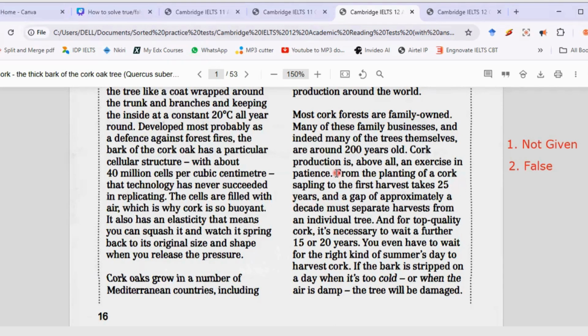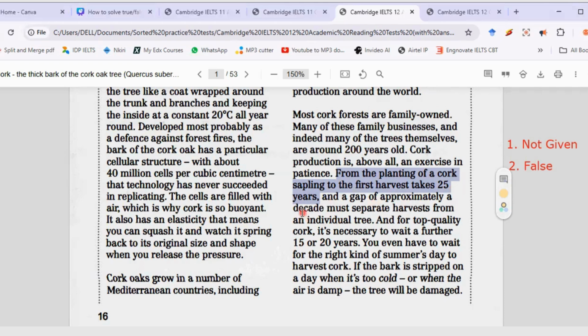Can you see this part where they wrote 25 years? From the planting. So if you plant the cork sapling today and you want to harvest, the first harvest will not happen until after 25 years. Now look at the next sentence: and a gap of approximately a decade. What is the meaning of decade?